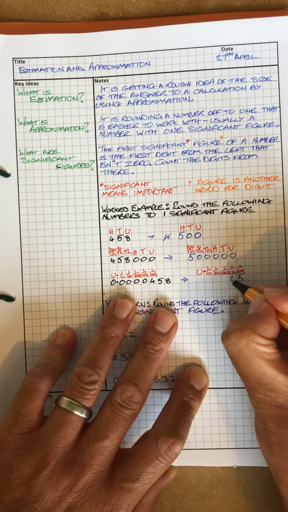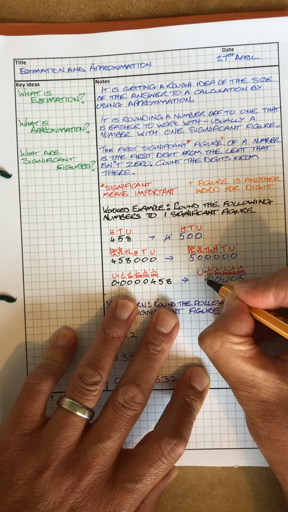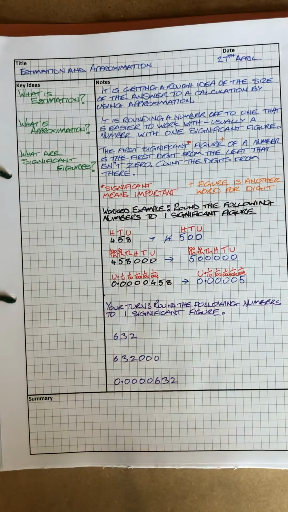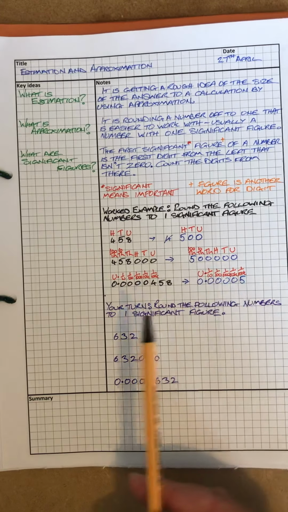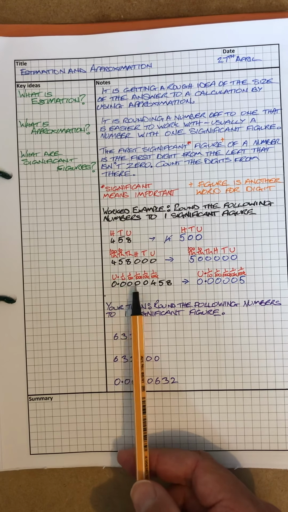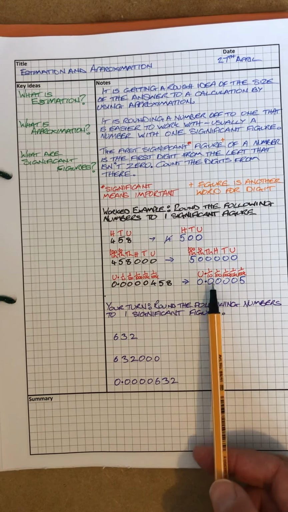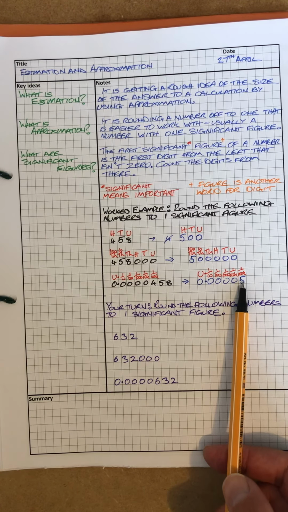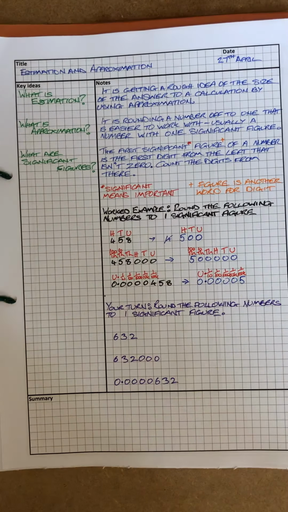So 0, 0, 0, 0, decimal point, 0. Notice, again, if you're not sure on what the column headings are, there are 1, 2, 3, 4 zeros before our first digit. Make sure that your first digit is in the correct column, simply by counting.